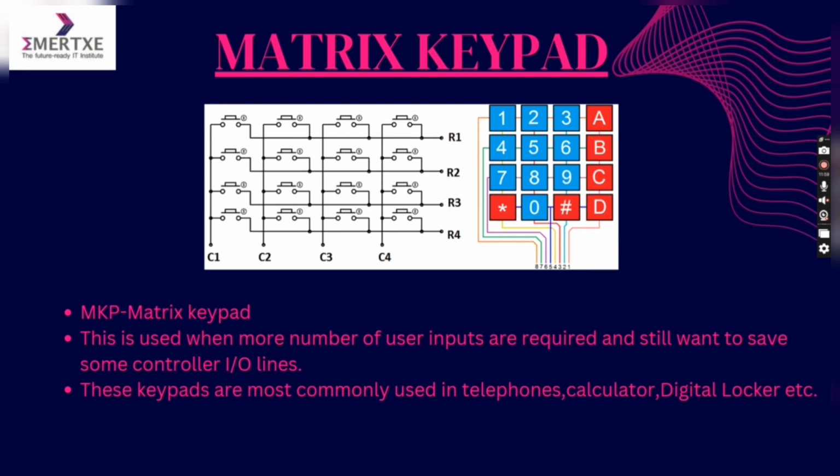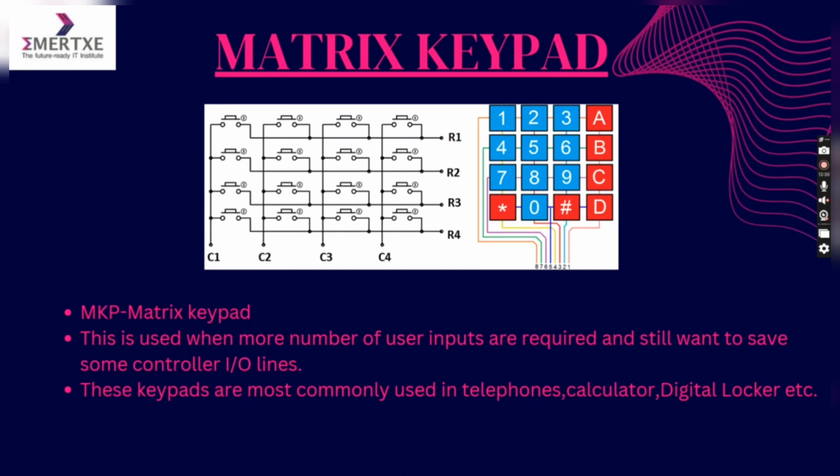The advantage of using a matrix keypad is that it allows for a large number of inputs while saving on the number of input-output lines required from the microcontroller. This is because each row and column in the matrix corresponds to an I/O line. So the number of inputs is the product of the number of rows and columns rather than the sum.